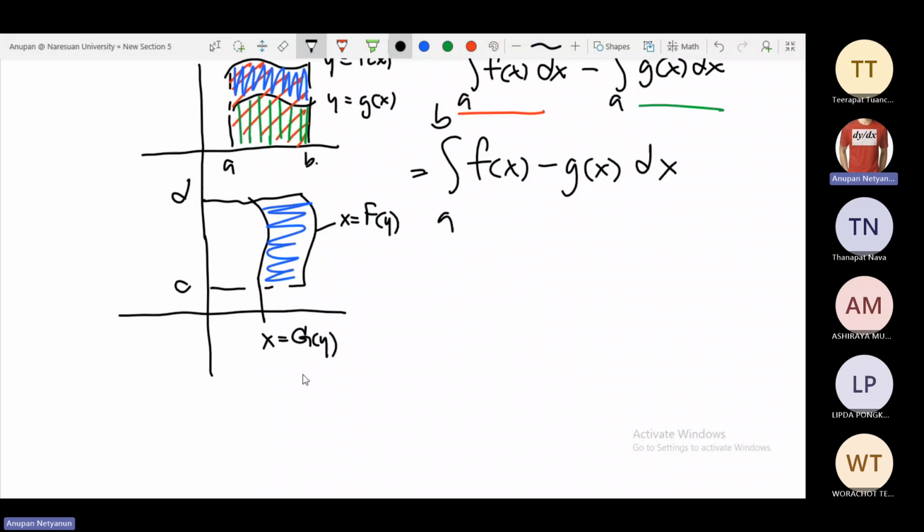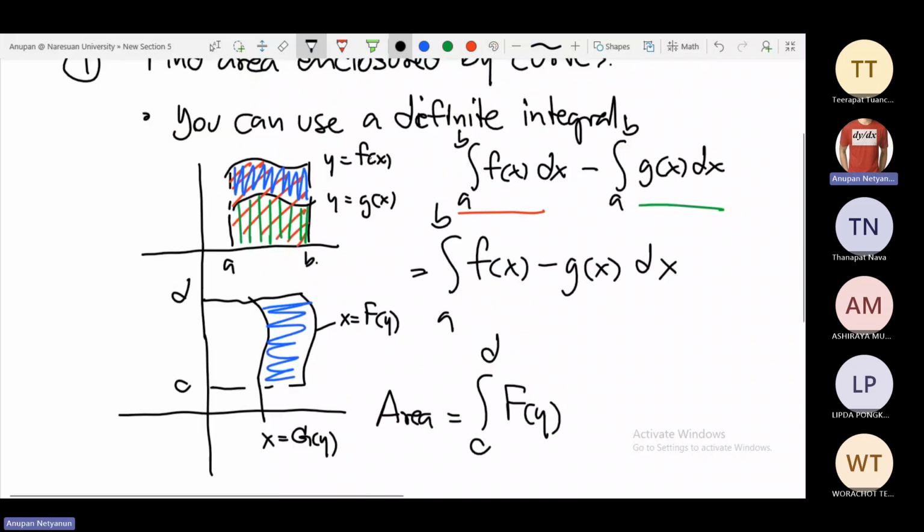By similar idea, the area is equal to the whole area of the right function, which is the definite integral from c to d of f(y).